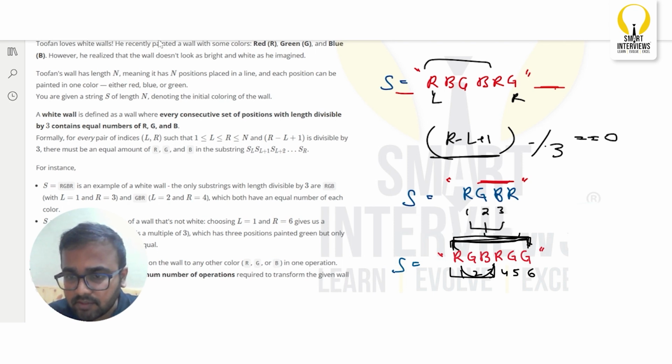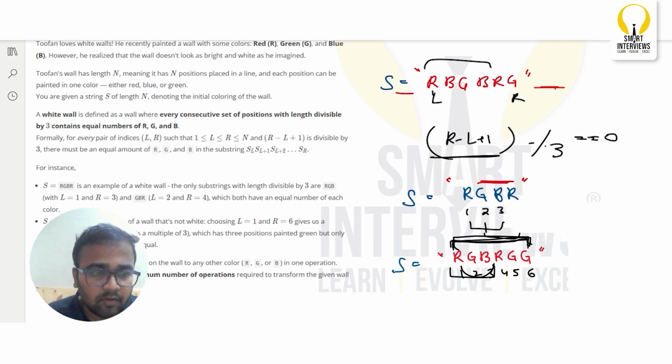But if you consider this substring, it is not equal. We have 2 G's but no B and only 1 R. And in the entire substring, there are 2 R's, 3 G's and only 1 B, which is not correct. So this is not a white wall. Got it? And this length is 6, which is divisible by 3.